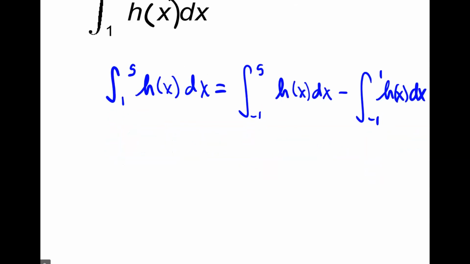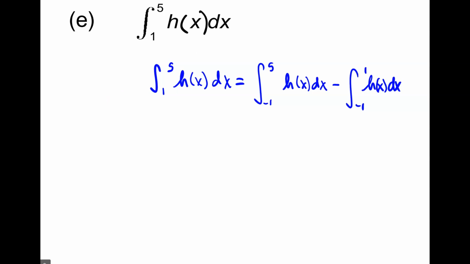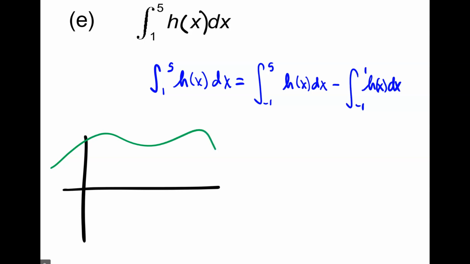Okay, so what this looks like, what this is going to be like, it's kind of like you have the whole area. Let me draw this. Okay, so like here's the function, whatever. Here's negative 1, 1, 5. And what we're trying to find is the area here.